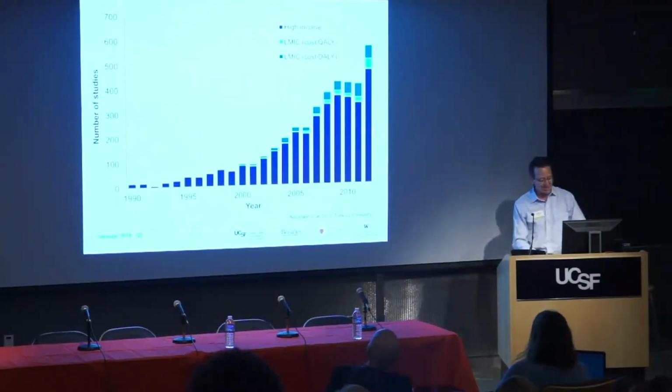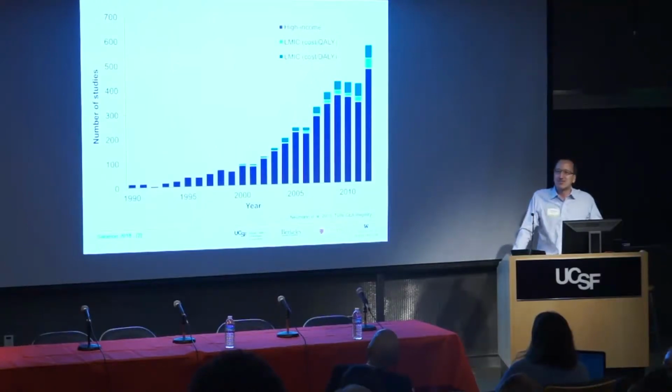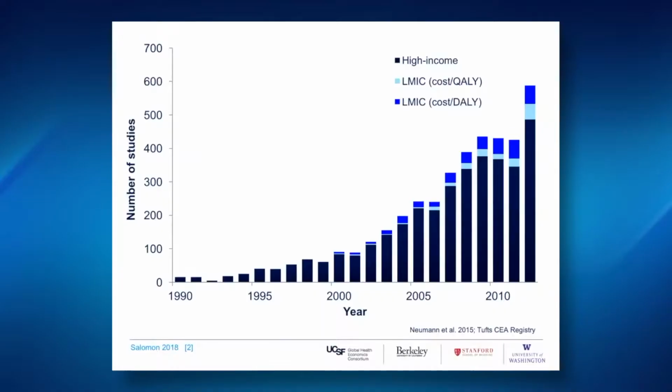Let me start a little bit broadly with an observation, and that is that every year, as many of you know, there are literally hundreds of cost-effectiveness analyses that are published. And you can see here, these are charted over time by Peter Newman's group at Tufts.